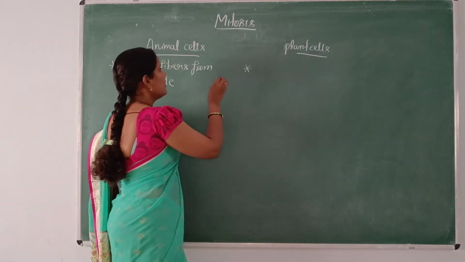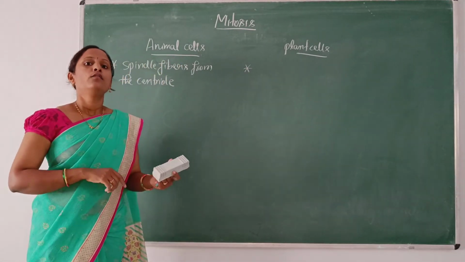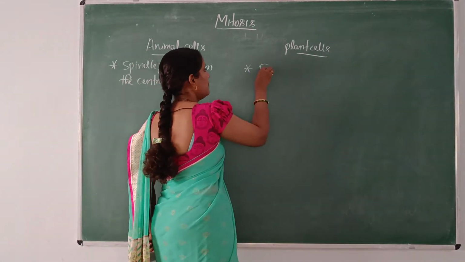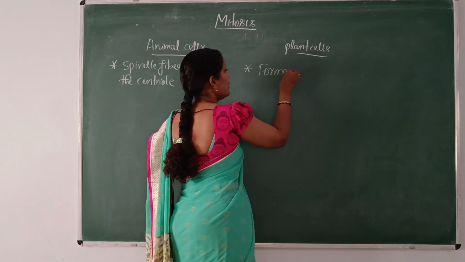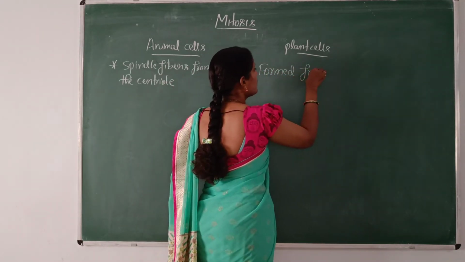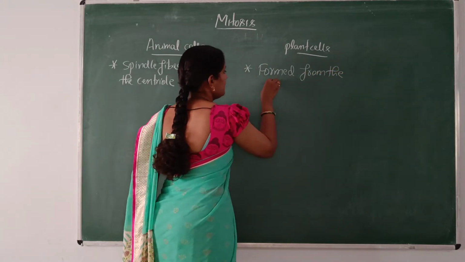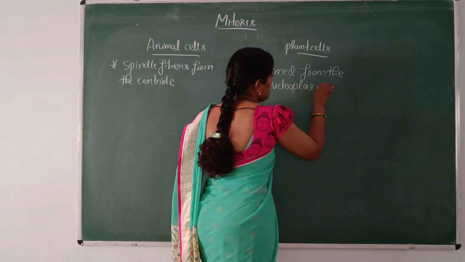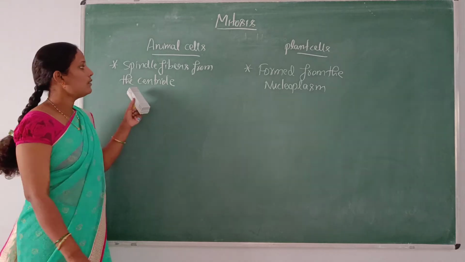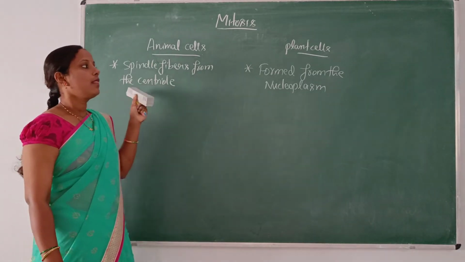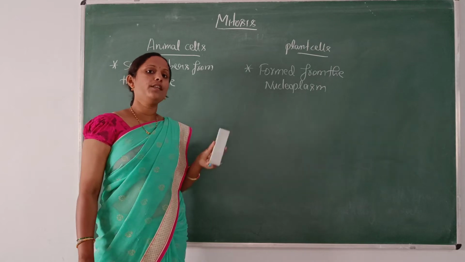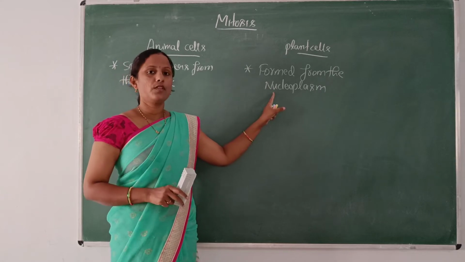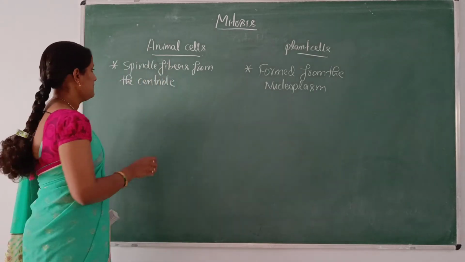Whereas in plant cells, the spindle fibers are not exactly present, but there are fibers formed from the nucleoplasm. They are not formed from the centrioles. That's why we do not call them exactly spindle fibers. The fibers responsible for the separation of the chromosomes arise from the nucleoplasm.